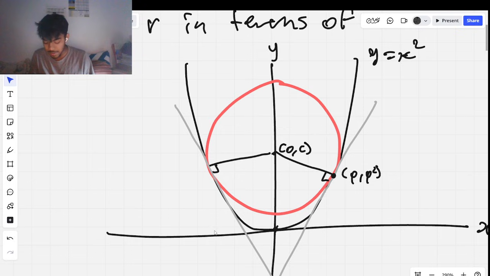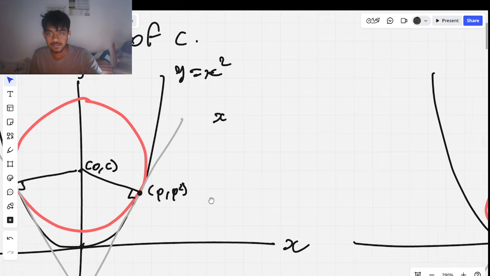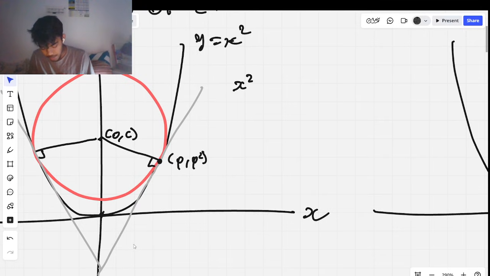That might be a good thing to do, because now I know that the general formula for this circle is going to be x squared plus (y minus c) squared equals r squared.